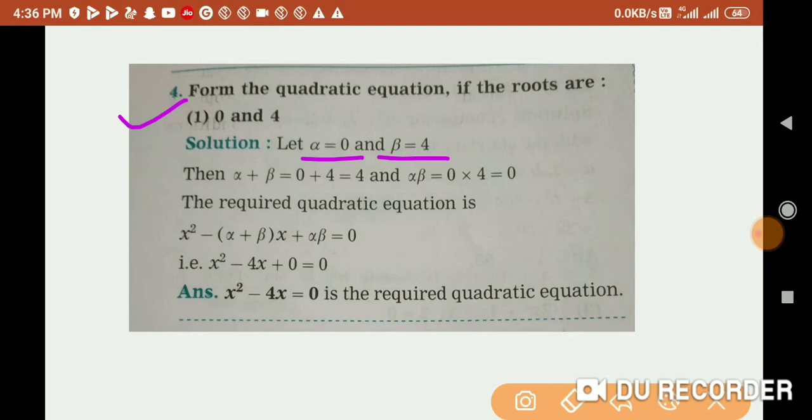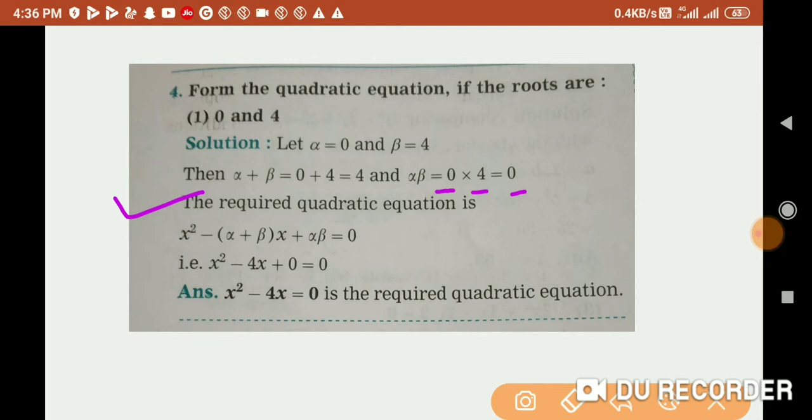First we find α + β and later αβ. α + β, that means 0 + 4, is equal to 4, and αβ, that means 0 × 4, is equal to 0.